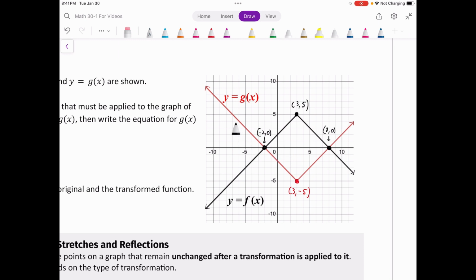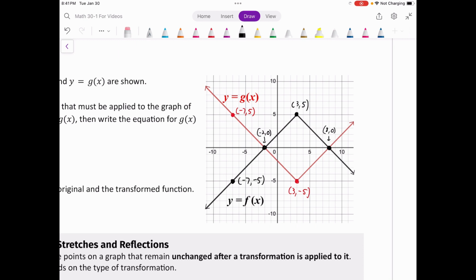Maybe. What about here? Let's look at what's going on here. This point on g of x is now at (-7, 5). -7 is the x value, 5 is the y value. On f of x, there's a point here that was (-7, -5). Okay, so I'm feeling pretty confident now that this is a vertical reflection across the x-axis.